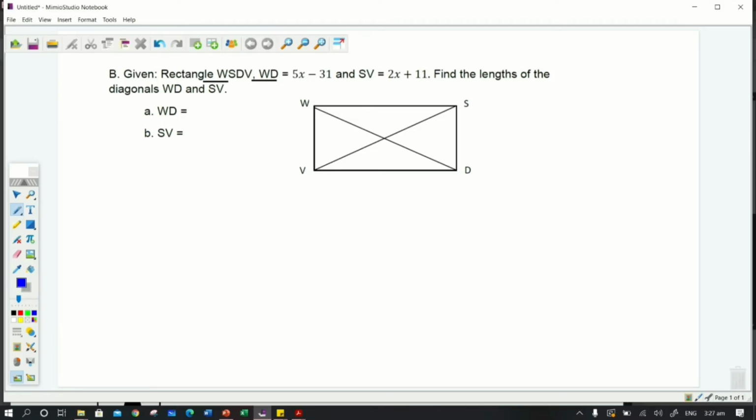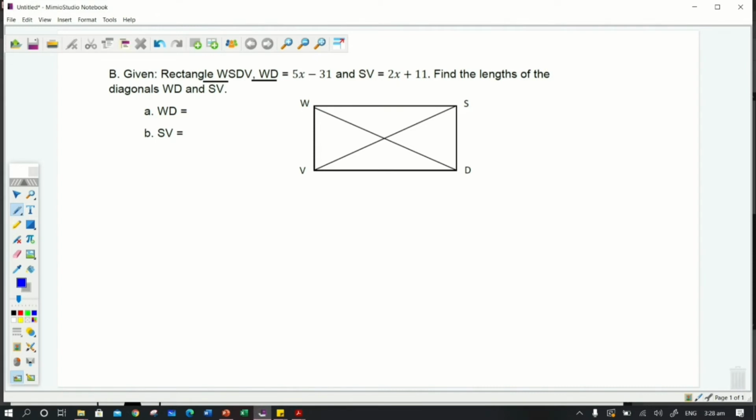Okay, let's try to apply the properties of rectangle in solving for the length of the diagonals WD and SB. In the given, we have rectangle WSTB where diagonal WD equals 5x minus 31 and diagonal SB is equal to 2x plus 11.